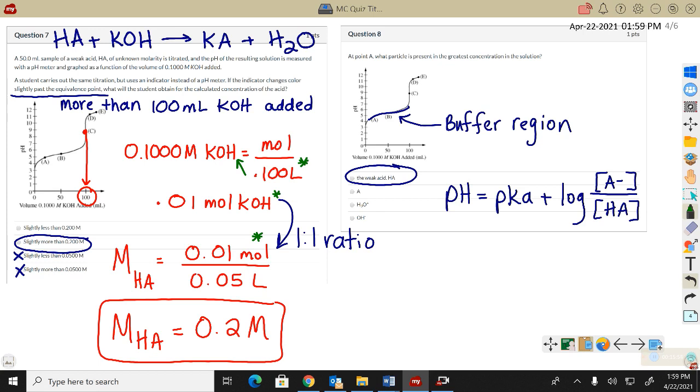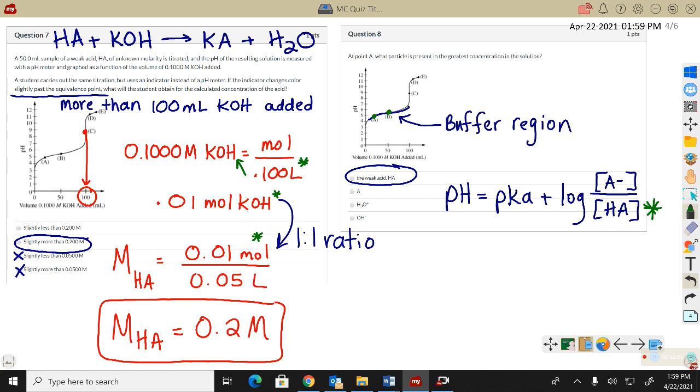If I know that the halfway point, which is point B, the half equivalence, so if the equivalence point is at 100 milliliters, the halfway point is at 50, that's when I have a 1-to-1 ratio of weak acid to conjugate base. Well, if I'm at point A then, the pH is a little bit lower, right? The pH is a little bit less than it is at point B, which then means obviously I don't have a 1-to-1 ratio. It must be a little bit more acidic. So it's a little bit heavier on the original weak acid.